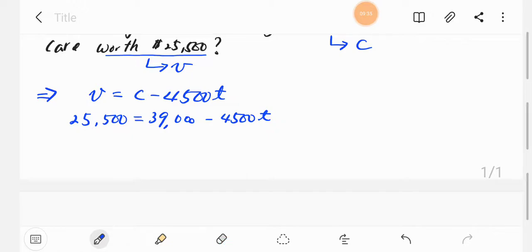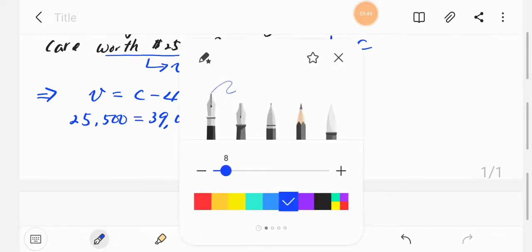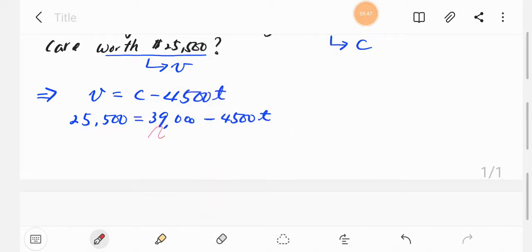Then what do we do next? Now, T is on the right hand side, and T is together with what? 39,000. So why don't we subtract each side? This time, subtract 39,000 from each side. Let me write it in the second line.